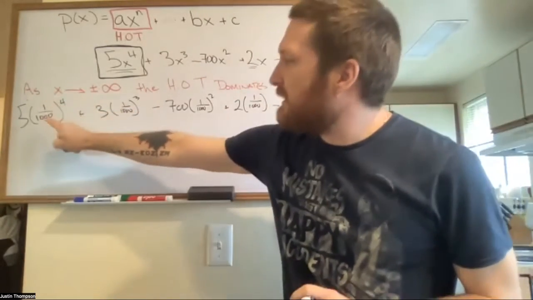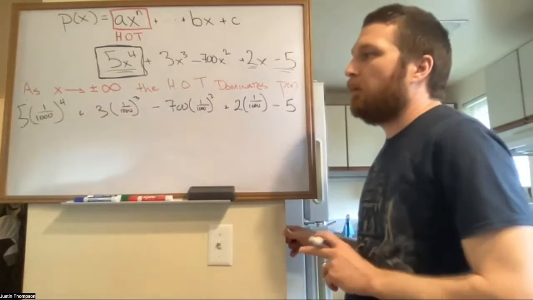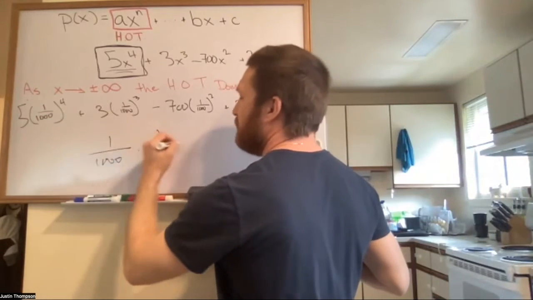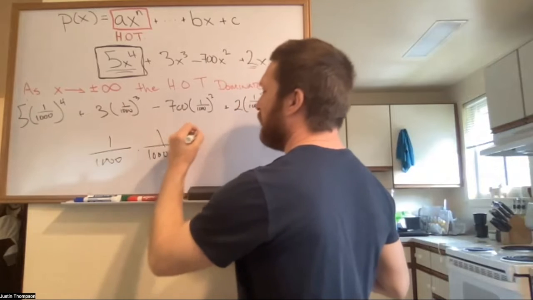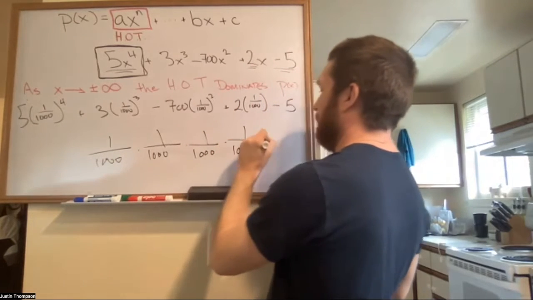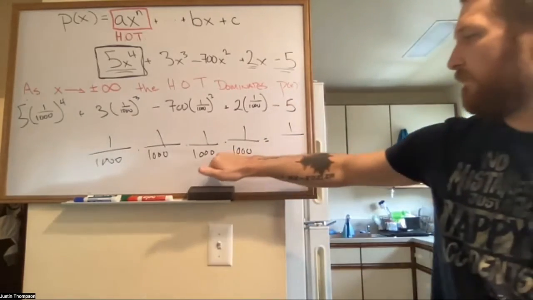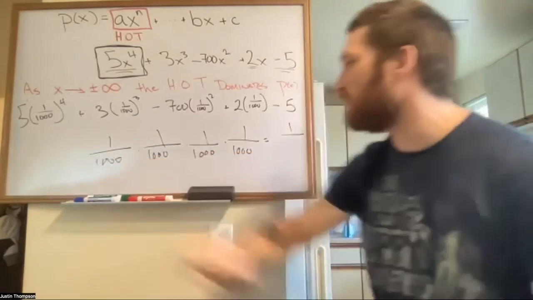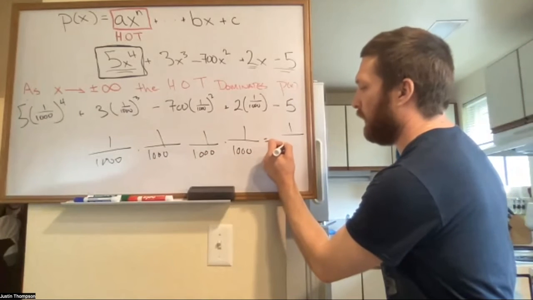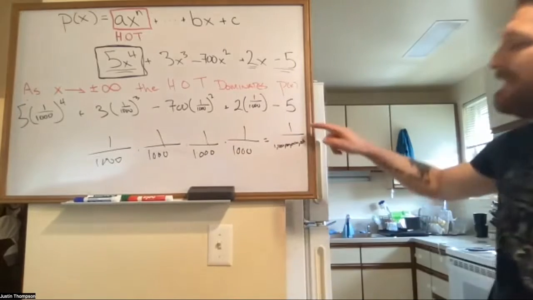Now, this thing right here, 1/1000 to the 4th power, is 1/1000 times 1/1000, a total of 4 times, right? I'm just going to add up zeros here. That's the same thing as a 1 with 12 zeros after it. That's a trillion. That's 1/1,000,000,000,000. That is a teeny tiny number.